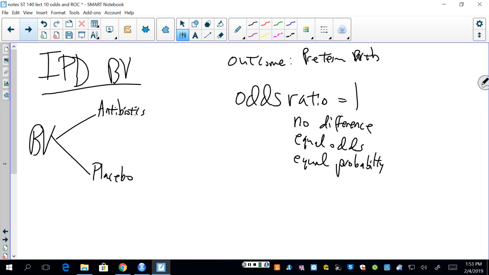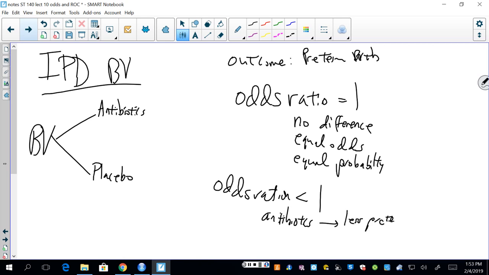Well, there is an impact of antibiotics in treating infection, but did it translate into something in terms of preterm birth? So the odds ratio of 1 was a null hypothesis that says no effect, no reason to do it. As it was set up, an odds ratio less than 1 meant that antibiotics are associated with less preterm birth. They reduce the risk.